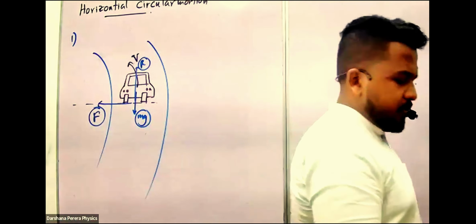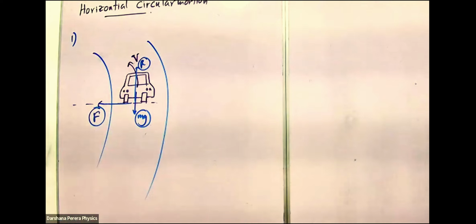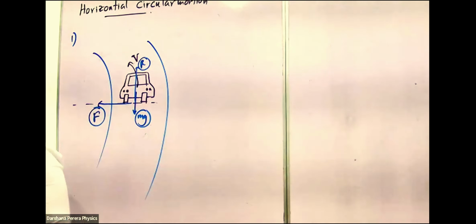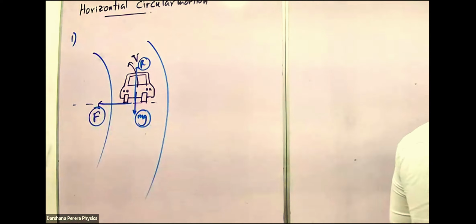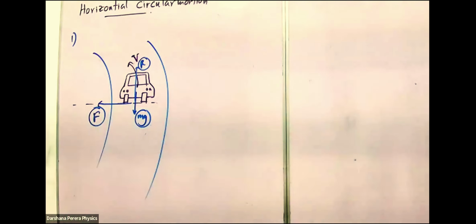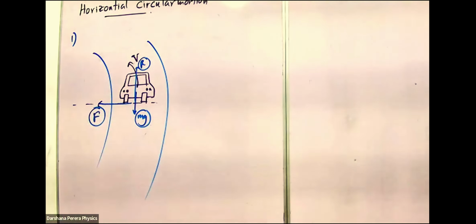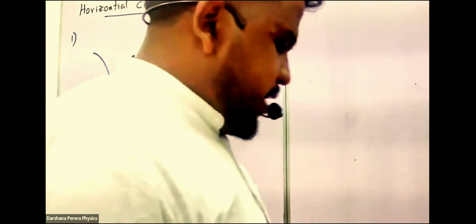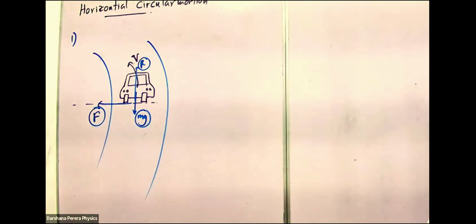Write down: the required centripetal force is given by the frictional force between the tire and the road. Draw this diagram. Okay. Write down.